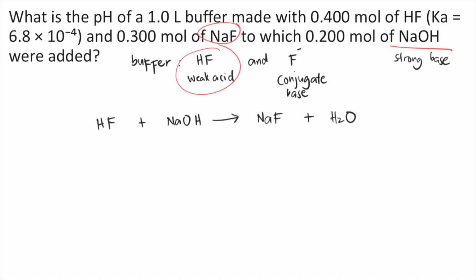Okay. Now, after writing the reaction, let's write their initial amounts, initial moles. So in the problem, the initial amount of HF is 0.400 moles. For NaOH, it's 0.200 moles.